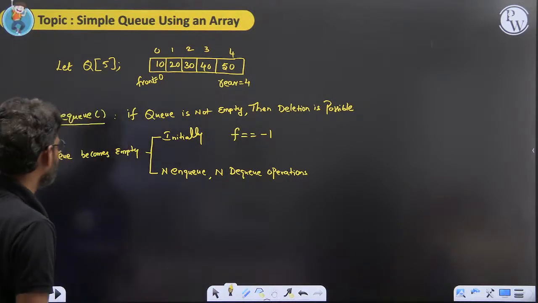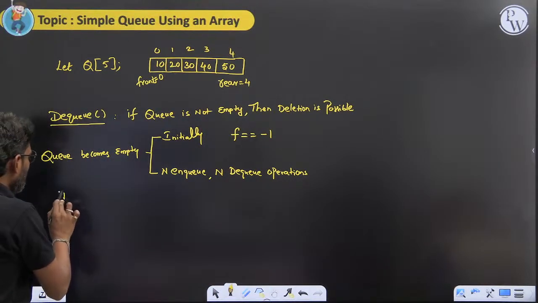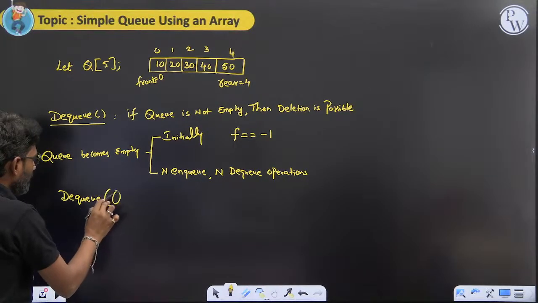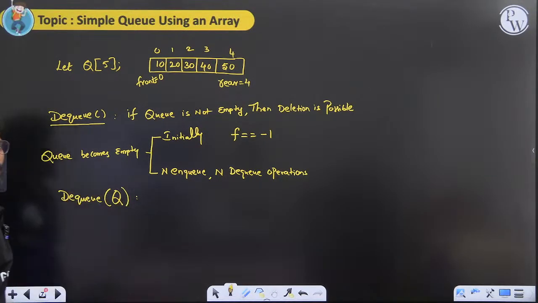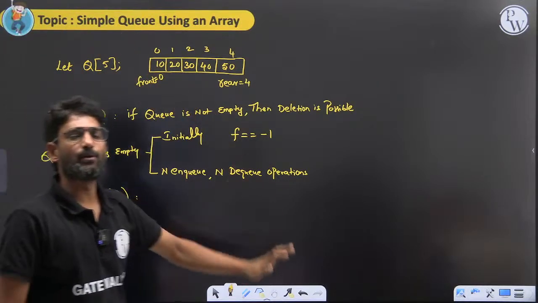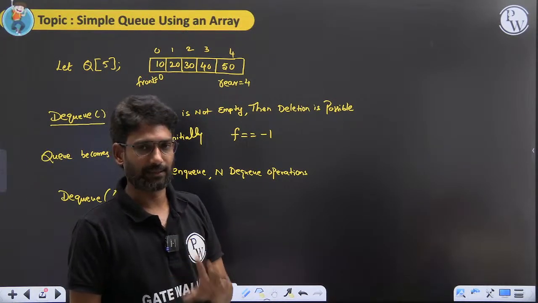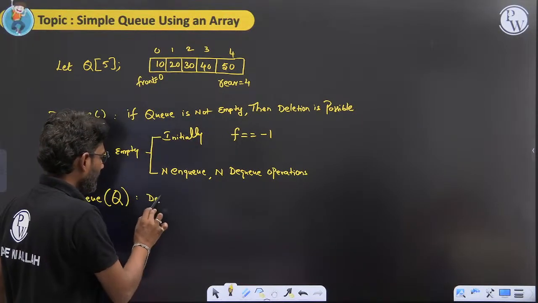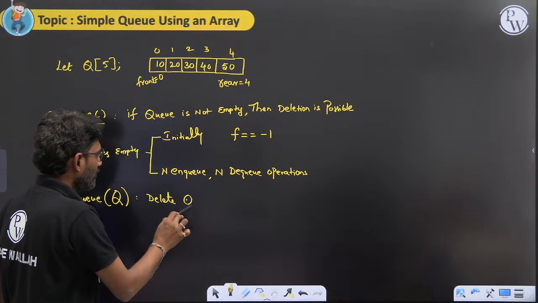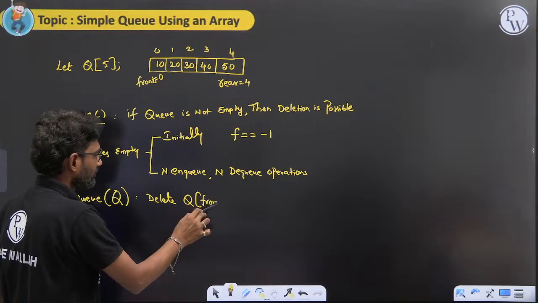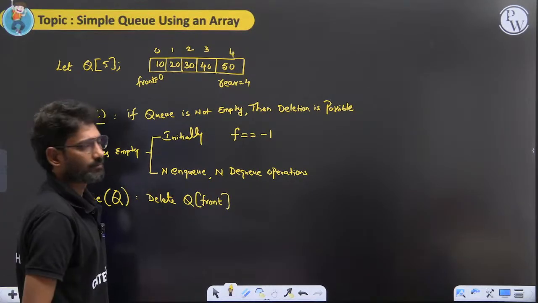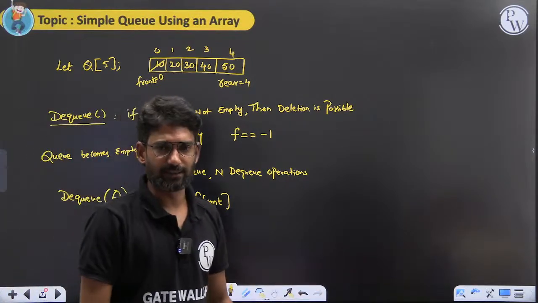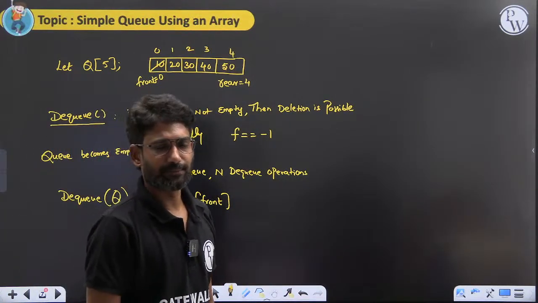Let us check. First, I would like to perform a dequeue operation from this queue. From which end will I be able to delete? From the front end. Front is at 0. So, delete queue of front. Assume 10 is deleted.